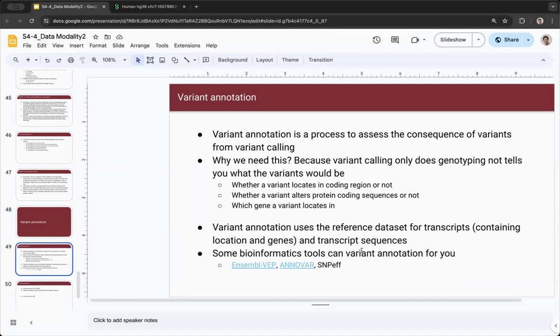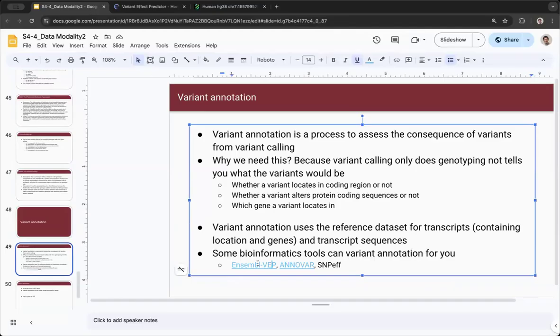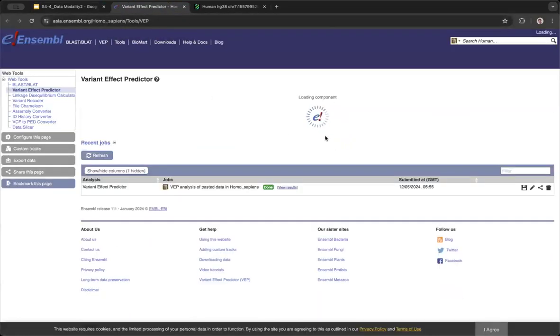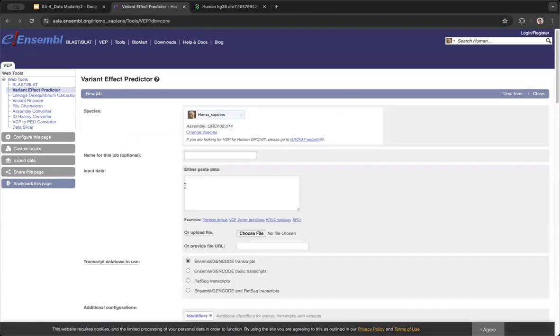Some of the bioinformatics tools you can use for this, one of the most common is VEP, Ensembl VEP, the Variant Effect Predictor, right? If you go here, you can simply test it yourself. On new jobs, you choose one of the examples. I'll go with VCF.